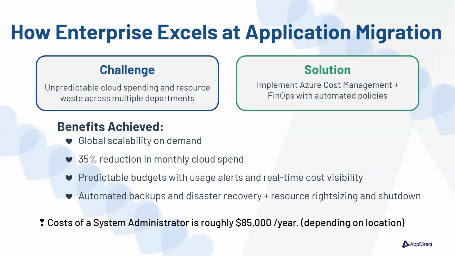Also, disaster recovery is something big, for right-sizing and shutting down resources that are underutilized. Yeah, especially when system administrators cost 85,000 a year, and that's just depending on the location, what city you're in. These all play factors into maintaining your on-premise and maintaining your cloud spend.